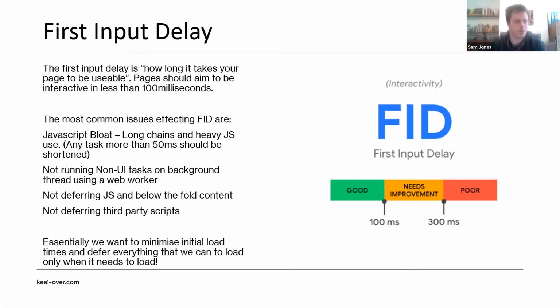Third-party scripts are traditionally one of the things that always holds us back getting perfect Lighthouse scores, with the absolute irony that one of the things that's always prevented us getting the best scores is Google's own analytics tracking code, which tells you a lot, really. But deferring that kind of script work till later on helps push that time to interact down. So we basically just want to minimize the initial load and defer everything you can. That's the short version.